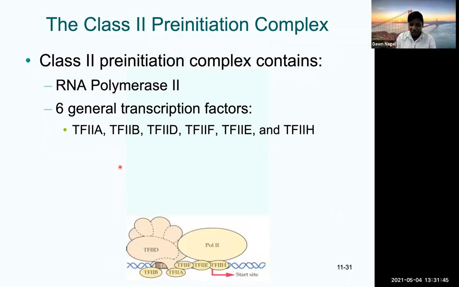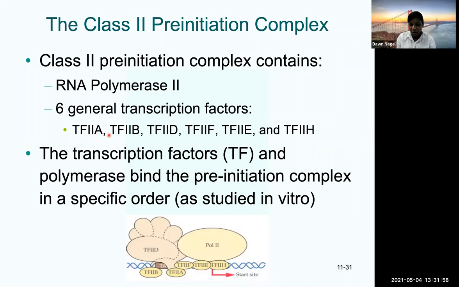These 6 general transcription factors are key in regulating transcription and recruiting the RNA polymerase. They're important in terms of how they bind and when they bind, okay? So they bind in a specific order to the DNA to be able to recruit the RNA polymerase, right?